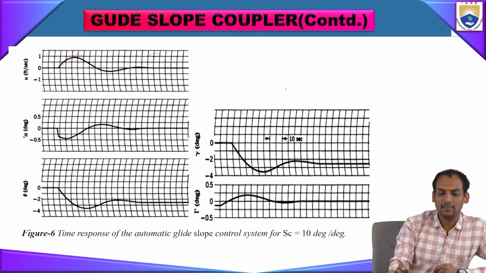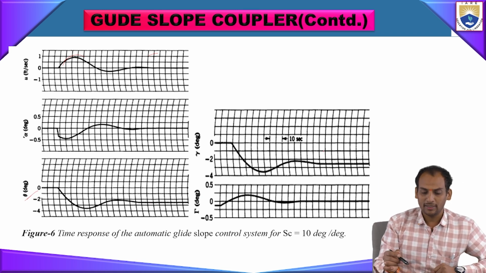Then after that the damping is there, and after that it becomes stable. If there is a change in alpha, there also will be a slight damping, and after that it gets controlled. And if it is theta, that means a theta change, for that also there is an initial disturbance and after that it is controlled.